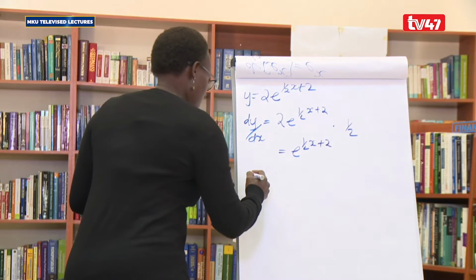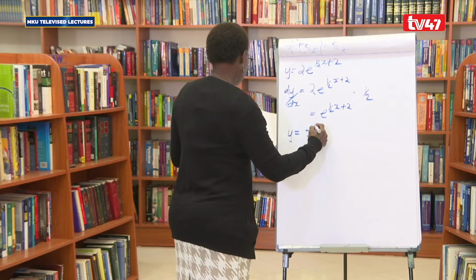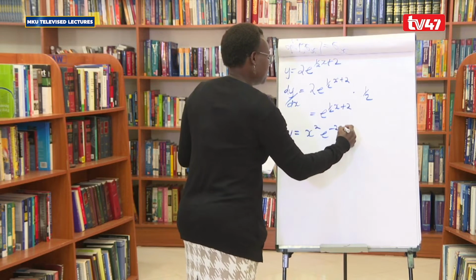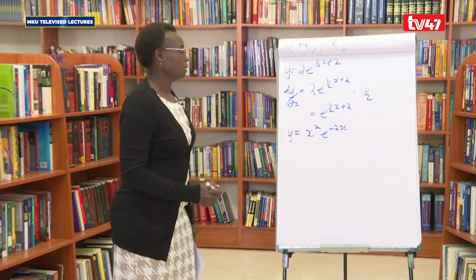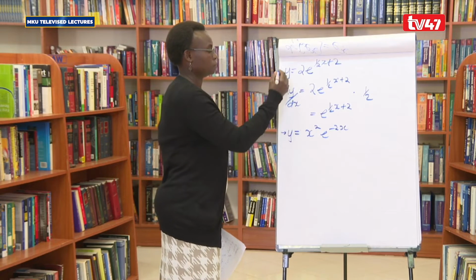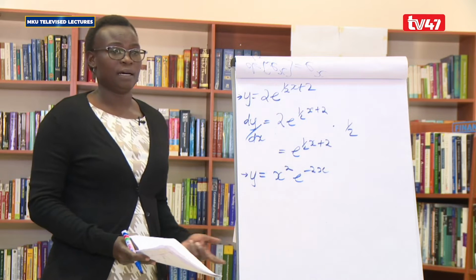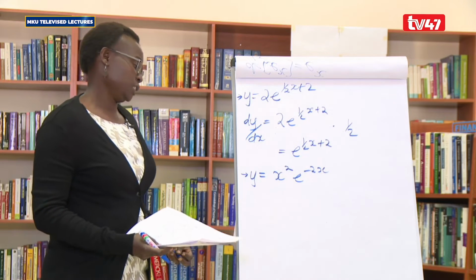Then maybe we can introduce a product. So we have x squared e to the negative 2x as our next example. So this one is a product. So that implies that the product rule has to be taken into consideration.